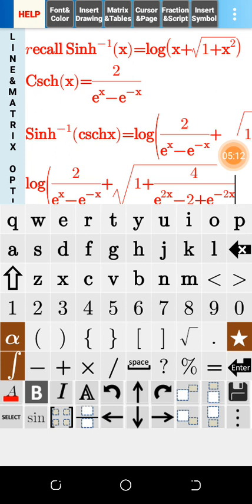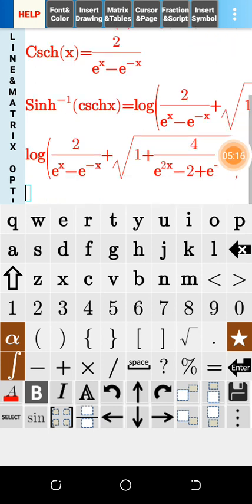So let's continue our simplification. From the square root, don't forget that the common LCM will be e raised to the power of 2x minus 2 plus e raised to the power of minus 2x.